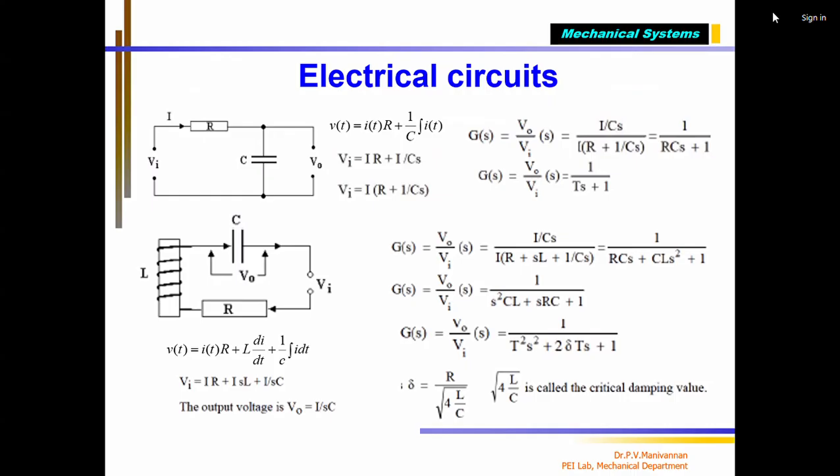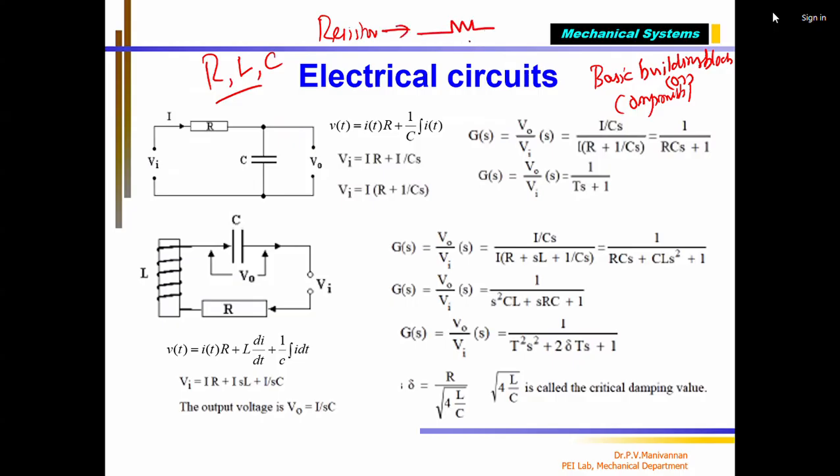So when we talk about electrical circuits, the basic building blocks are the components resistor R, inductance L and capacitance C. Resistor is generally shown like this in the electrical circuit, and they will give a value, for example 10 ohms.